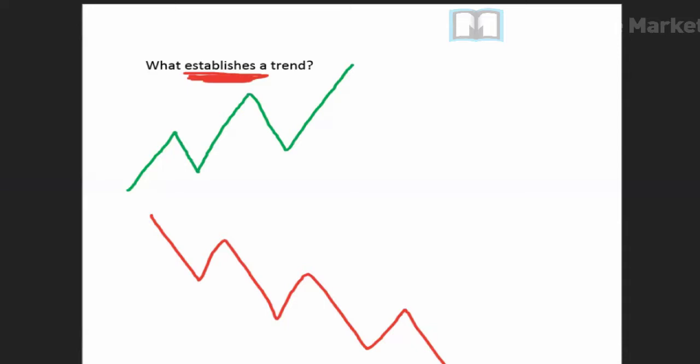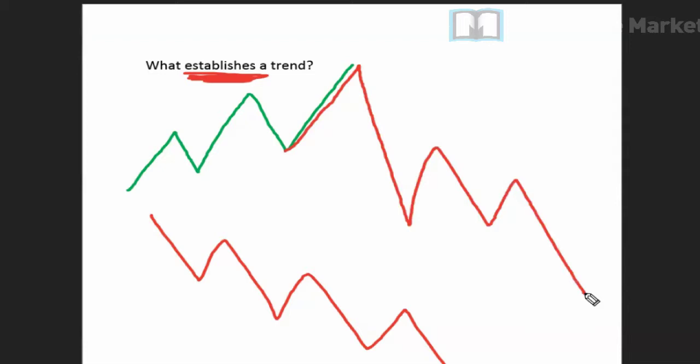At Match the Markets, we have broken down the types, the variations that lead to different types of these trends being defined or established. A trend is either continuing in that same direction or it reverses. So there's two types of variations.